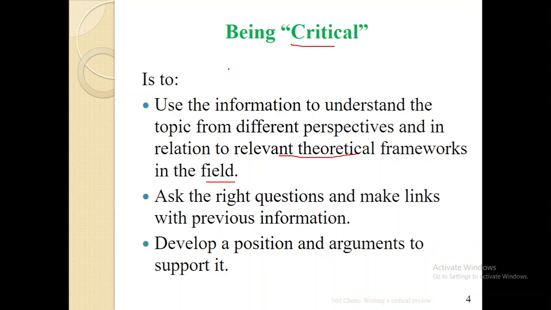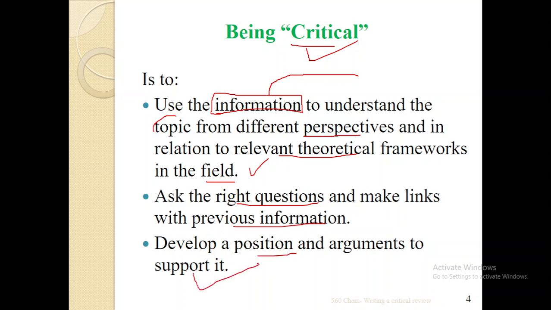So being critical does not mean only reading the text, but whatever information you take from a research paper or a book, if you can use that information to understand your own topic from different perspectives and in relation to the relevant theoretical frameworks in the field, this means that you are being critical. And being critical means being able to ask the right questions and make links with the previous information. And being critical means to develop a position and an argument to support it, right?